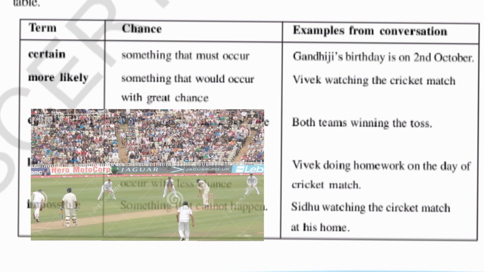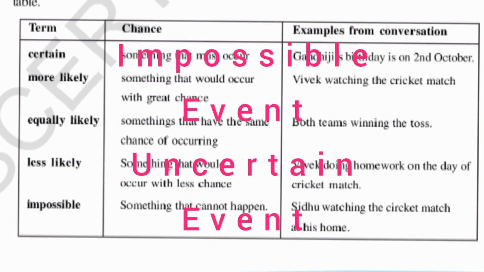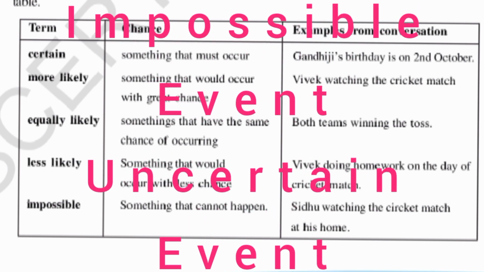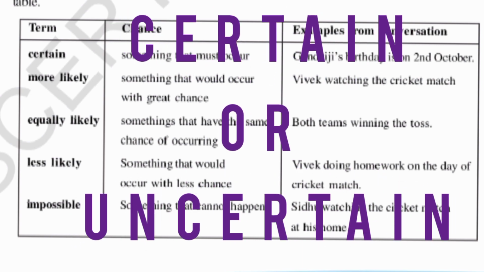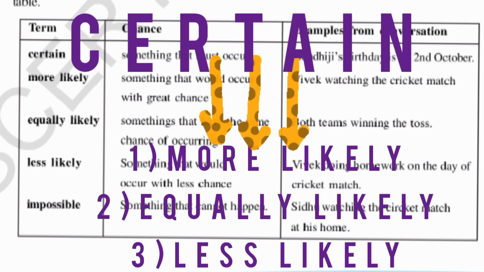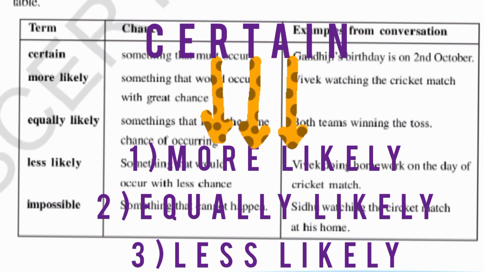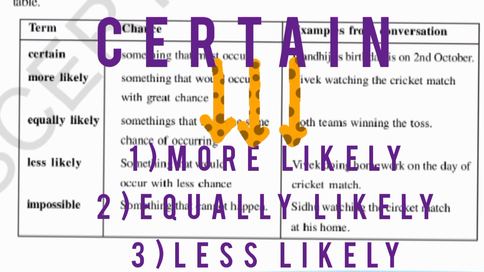So it is termed as an impossible event or uncertain event. From these examples, we can conclude that an event is certain or uncertain. If it is certain, then it will be more likely or less likely or equally likely.